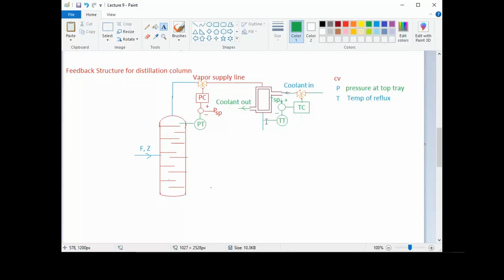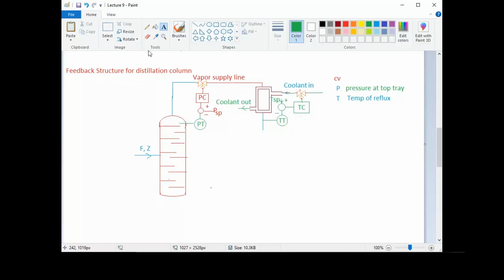We will measure this controlled variable using a temperature transducer or transmitter or some measuring device, and this will be compared with the set point temperature. Error will be generated and this will be given to the controller, and the controller will give a control signal to the valve so that the coolant supply can be increased or decreased based on the requirement.